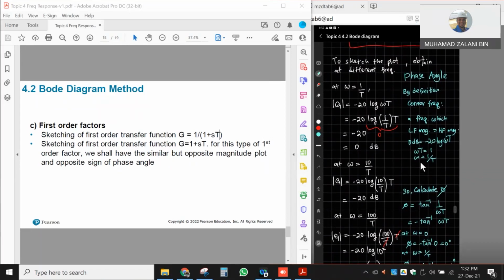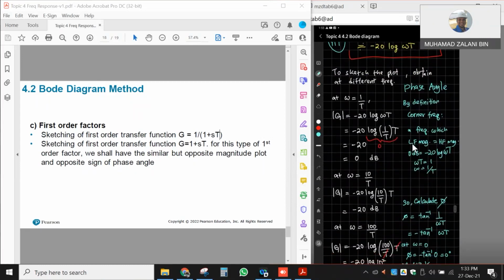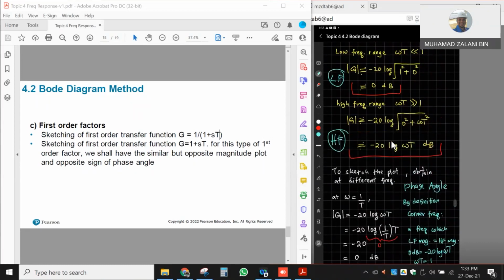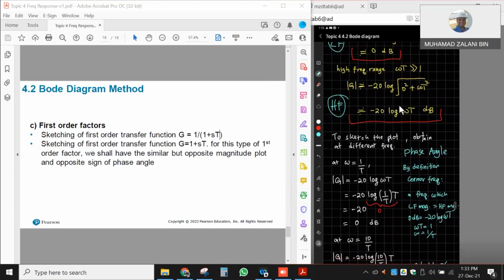The low frequency magnitude is 0 decibel as we have calculated here, and it equals the high frequency magnitude, which is negative 20 log omega t.